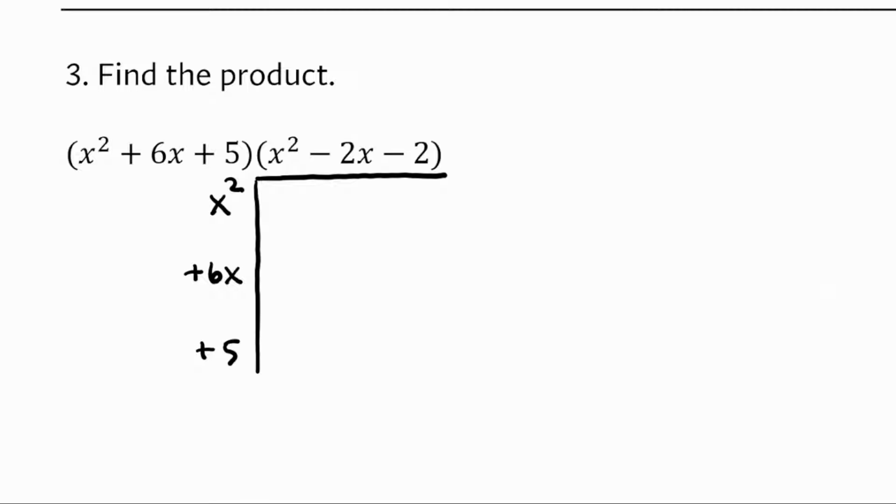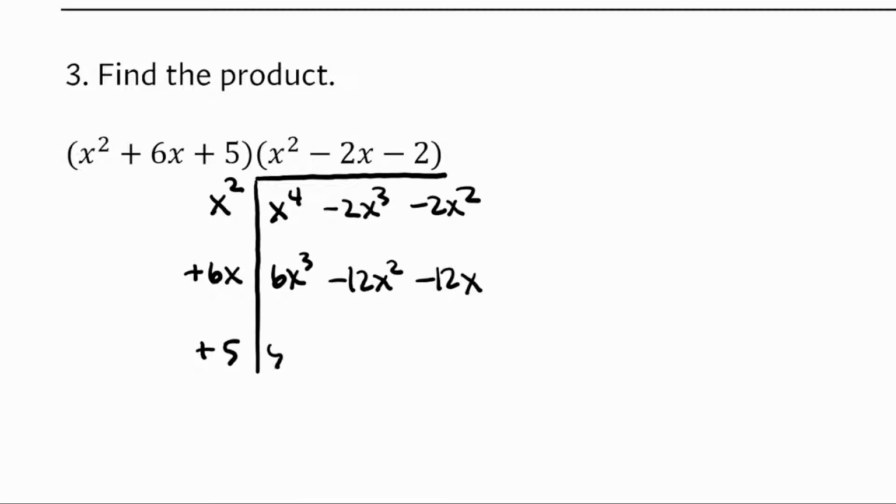Then I'll just multiply all these things together. Okay, multiply all these things out, and then I'm going to combine like terms after that.